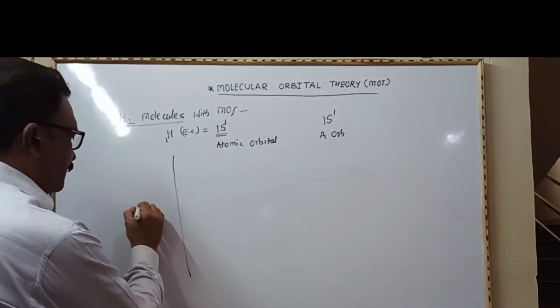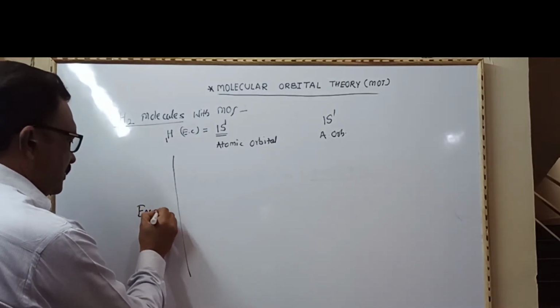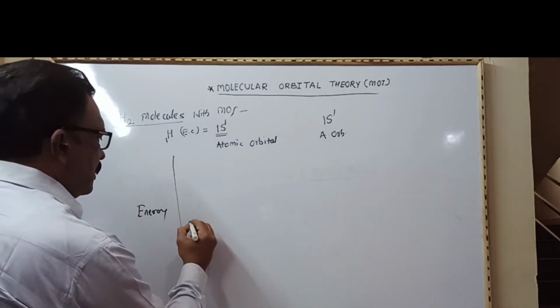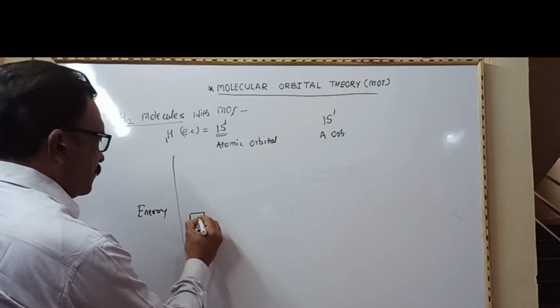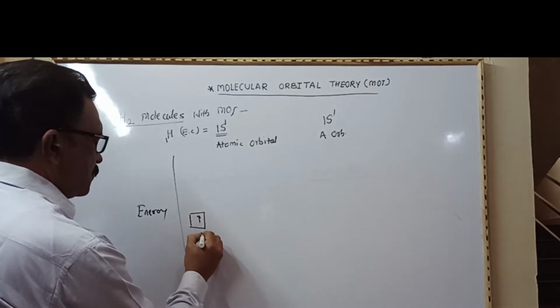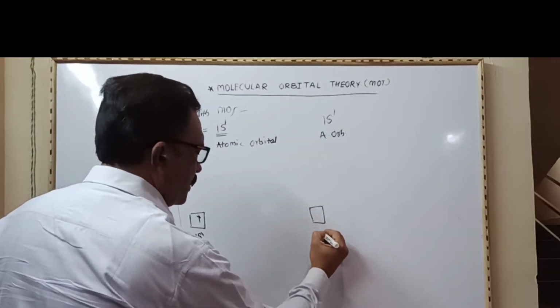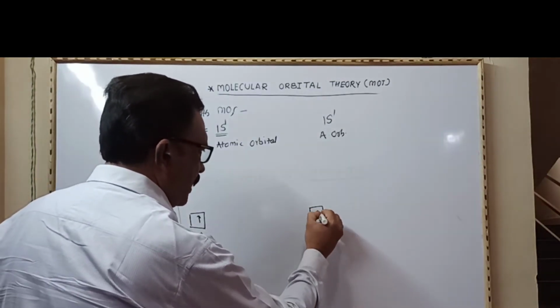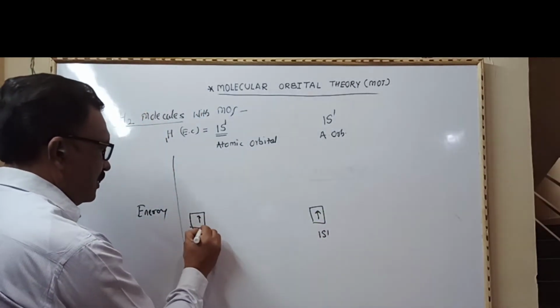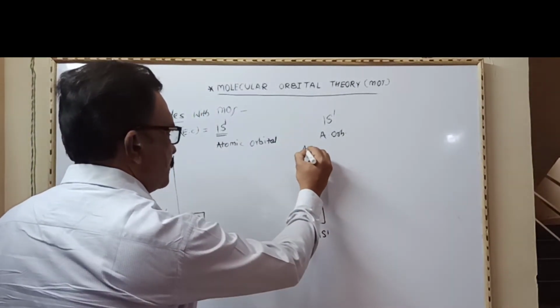Suppose this is the energy, this is 1s1 of one hydrogen atom and 1s1 of another hydrogen atom. These are the atomic orbitals.